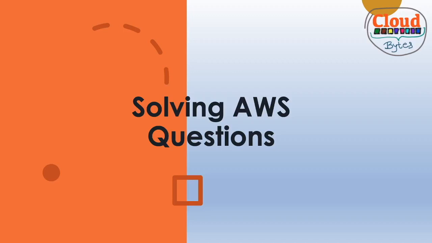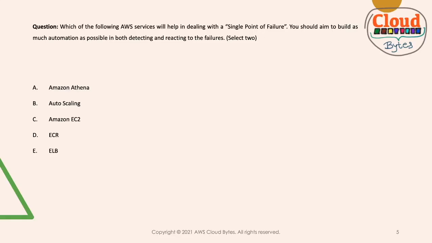In this section, we are going to solve some AWS questions. Let's try to understand the context and find the right answers. Which of the following AWS services will help in dealing with a single point of failure? You should aim to build as much automation as possible in both detecting and reacting to the failures.